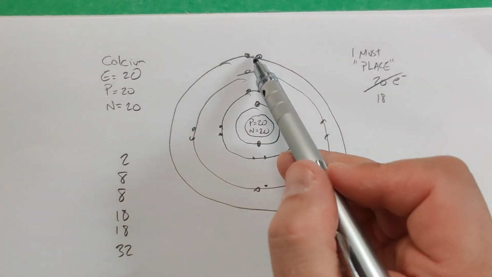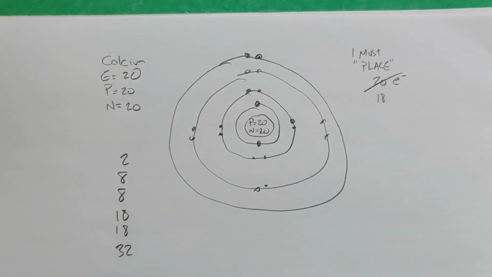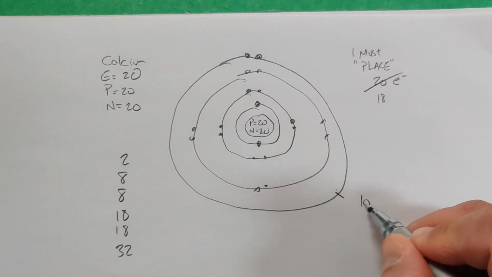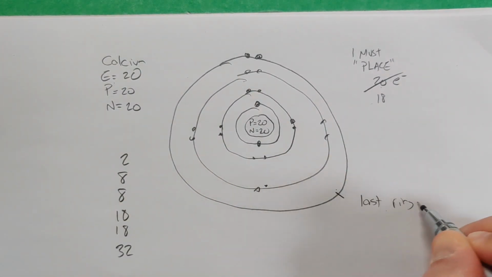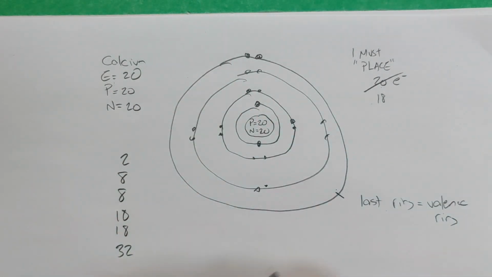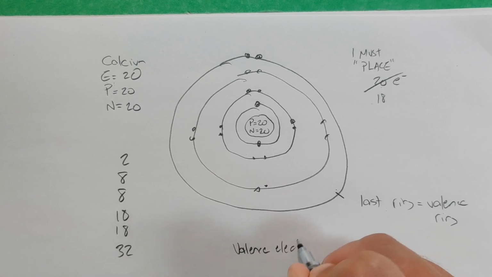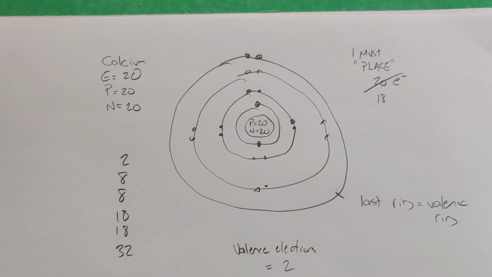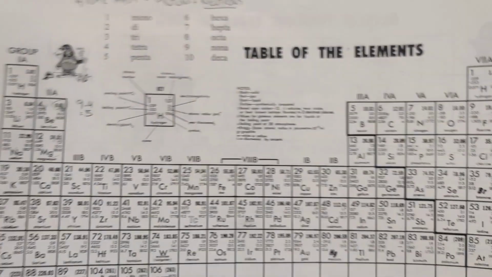Now, what is that last ring called? That last ring equals the valence ring. So how many valence electrons do I have? How many electrons do I have in the last ring? So valence electrons, 2. You'll notice something cool in the periodic table as you get better at this.